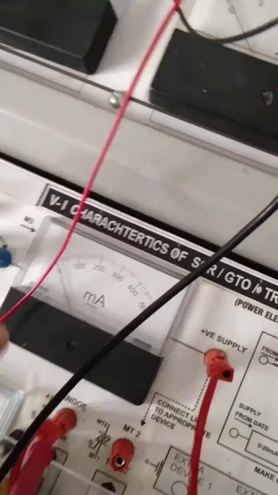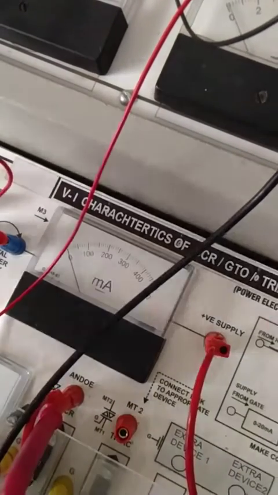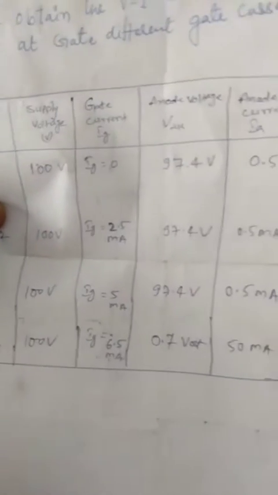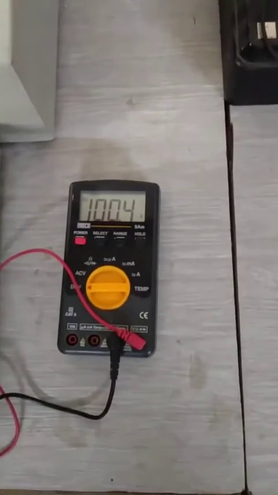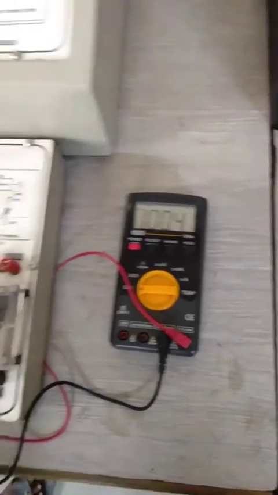And you can see in this anode current there is still some small leakage current flowing. As you can see in this table, the supply voltage is constant, and we have given gate current of 2.5 milliampere. The voltage across thyristor is constant, there is no change.